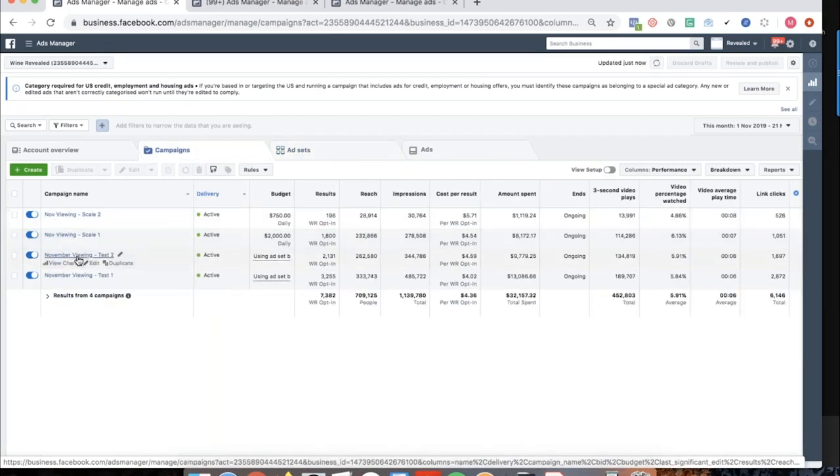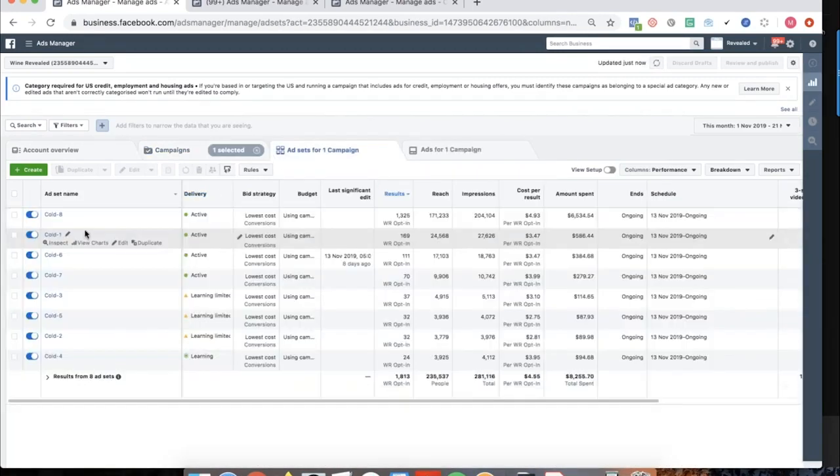Even though these two test campaigns were built for testing and their budgets are at the ad set level, when it was time for scale and after I had proof of concept, I went ahead and started creating new CBO campaigns for scale. I could have added new ad sets at the ad set level here, but CBO campaigns are really best for scale. So you can see what I did.